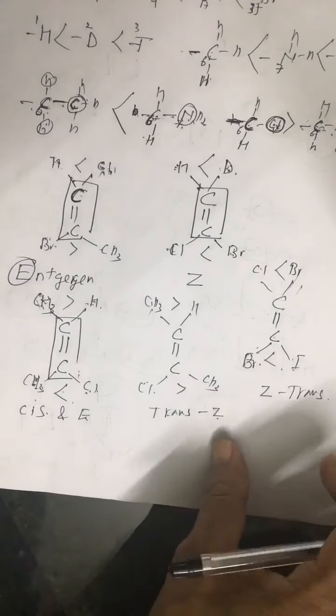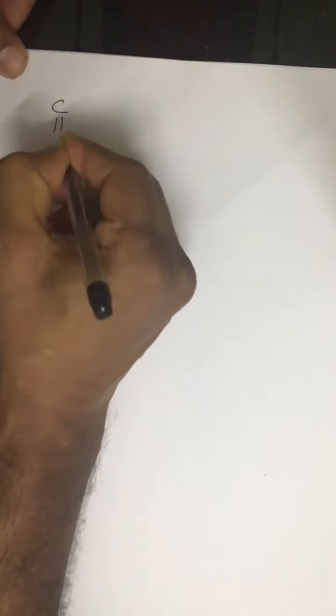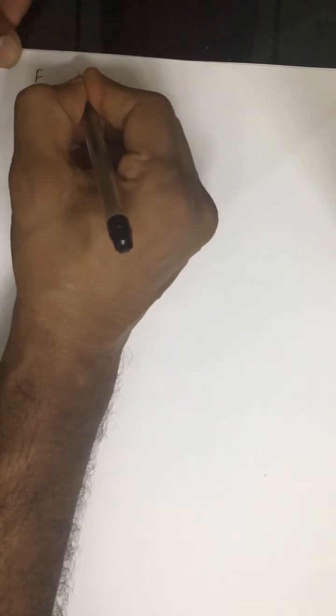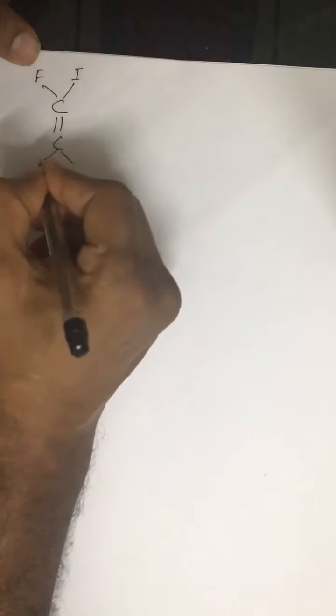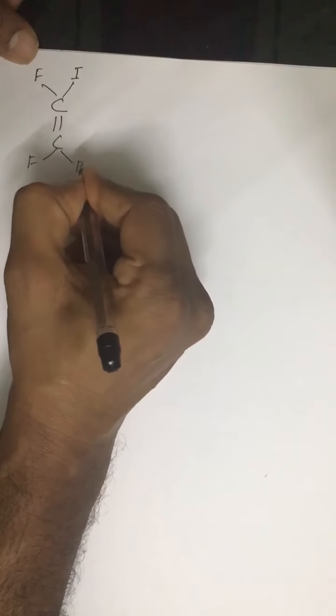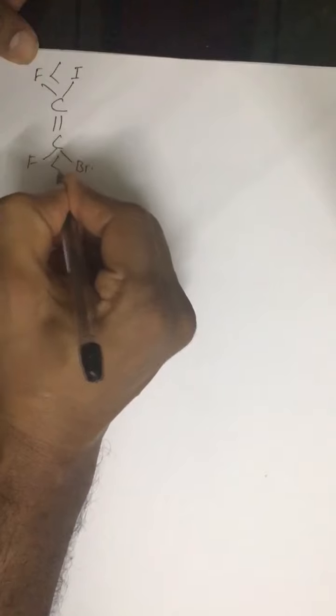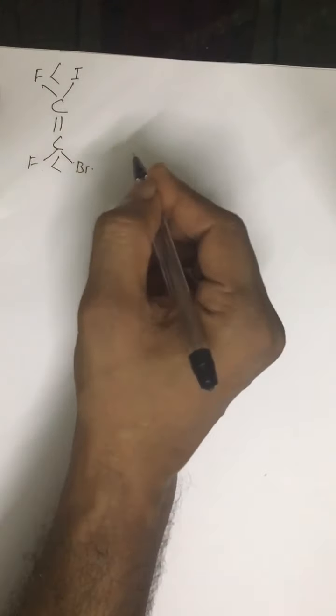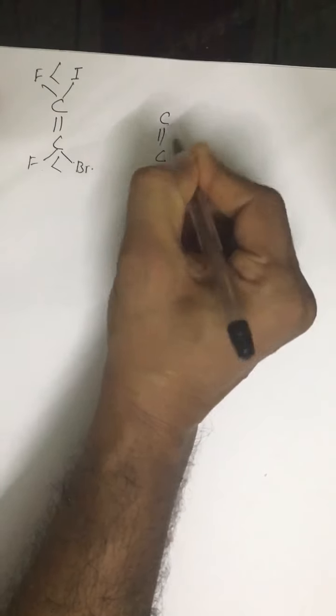All right, or let us say some more cases. This is cis and Z form. This is cis and Z form. All right, so like that.